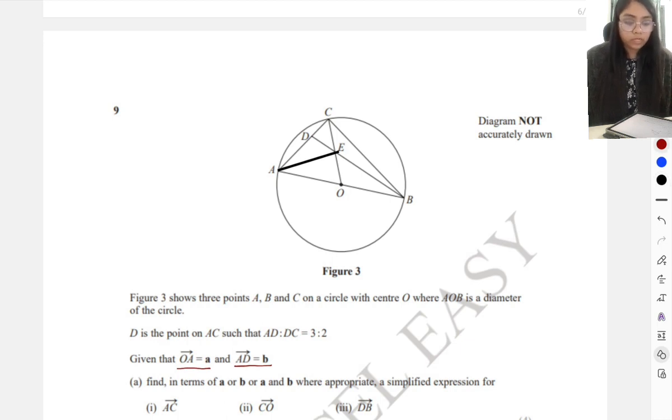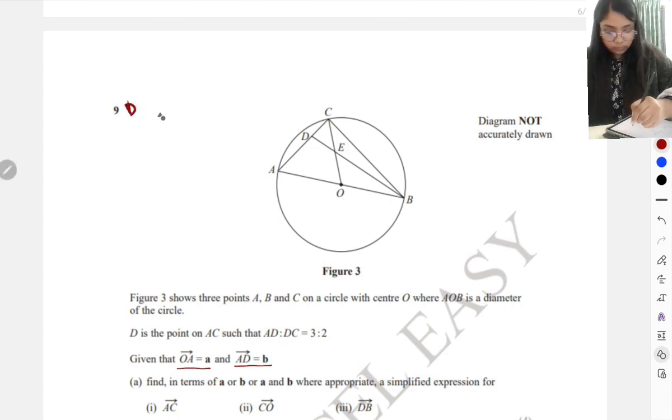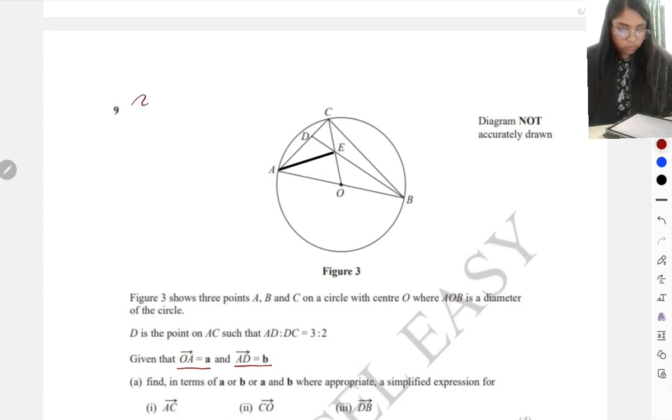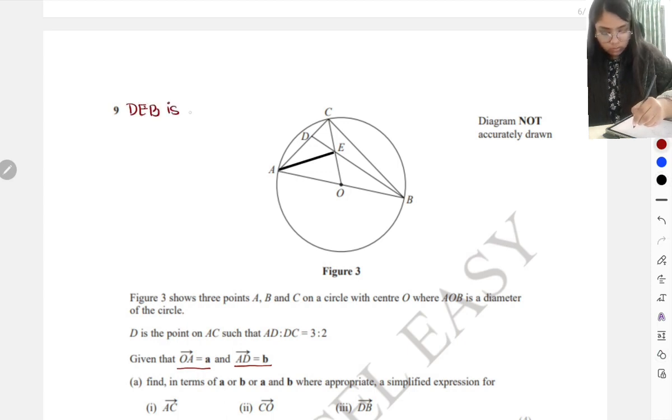So I'll just first write over here that DEB is a straight line, which was already given in the question.